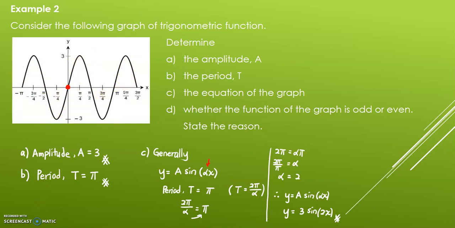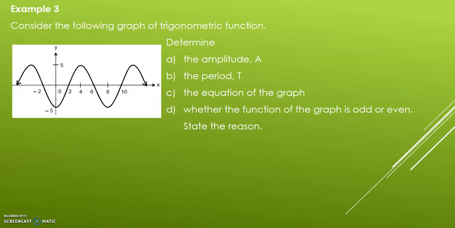So I can say that question D is an odd function. State the reason: the graph is symmetry about the origin. For this question, there is no calculation. We just say that this is an odd function because it's symmetry about the origin.